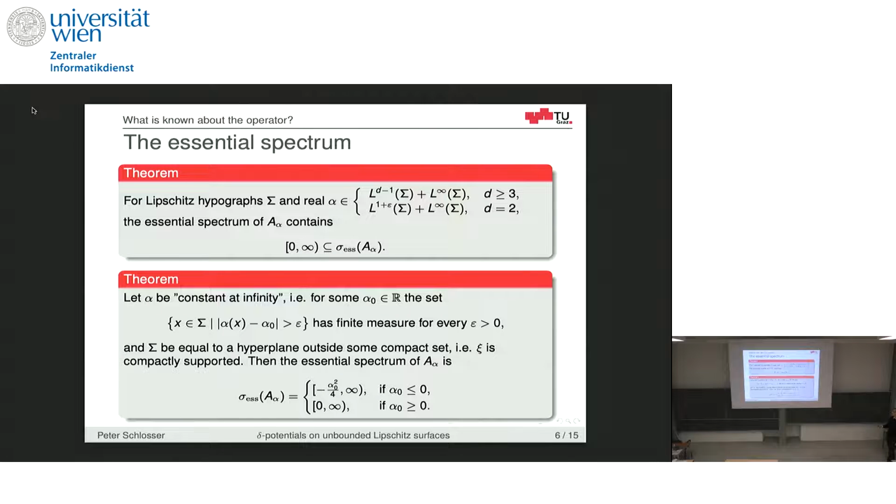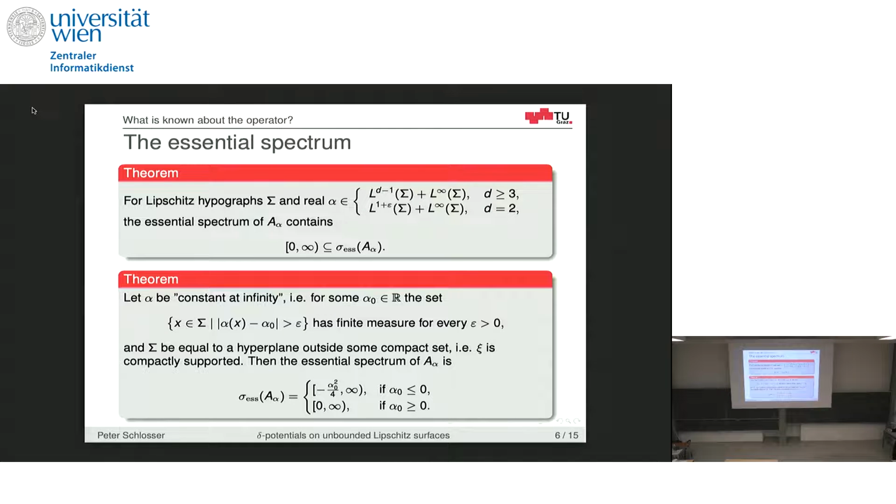And then you end up, so if alpha 0 is some constant potential, you get a negative shifted essential spectrum when it's negative. It stays the same when it's positive. But besides this alpha 0, you are allowed to have some decay at infinity, which does not change the essential spectrum. And decay at infinity, or being constant at infinity in this sense, means, in the very weak sense, that for every epsilon larger than 0, this set has to have a finite measure.